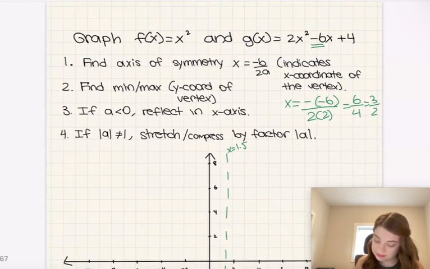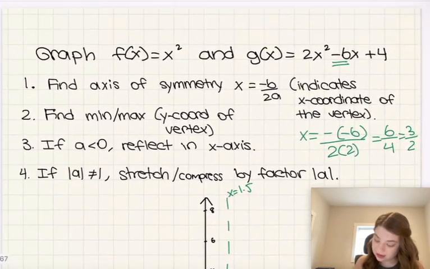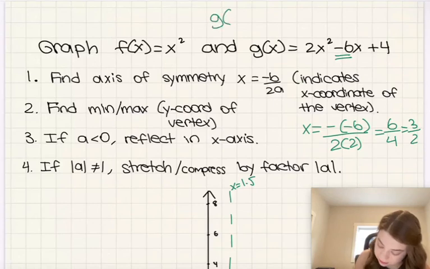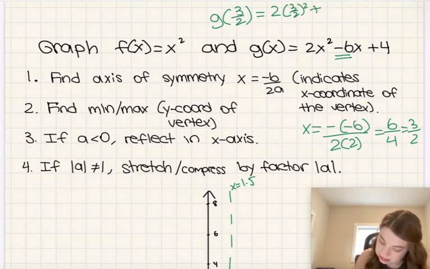Next, I'm going to find the minimum or maximum value here. So to do that, I need to find g of 3 over 2, or 1.5 is fine as well. That's going to be 2 times 3 over 2 squared, minus 6 times 3 over 2, plus 4, which let's see what that's going to be.